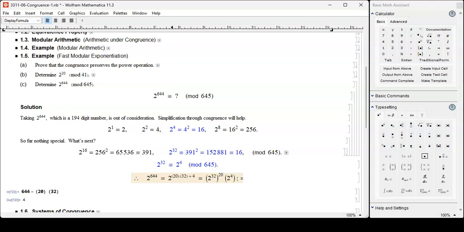And then that can be reduced to 2 to the 4th power to the 20th power, times the 4th power, and that's the same as 2 to the 4th power to the 21st power, which is 2 to the 84. Did I do this right?